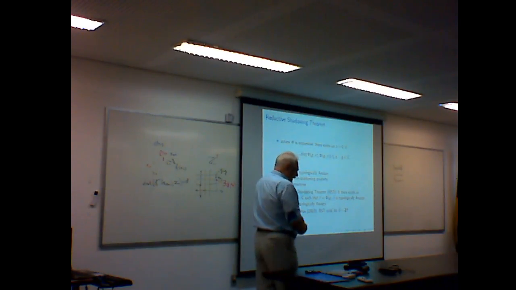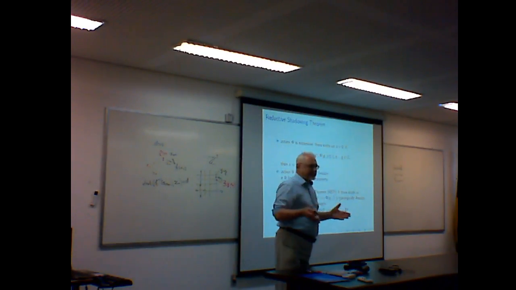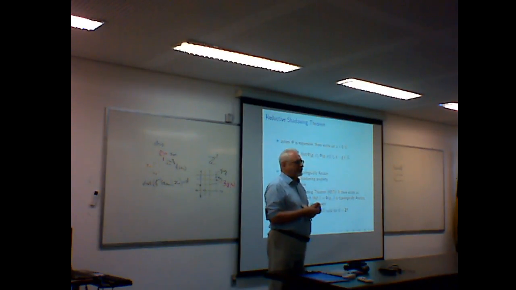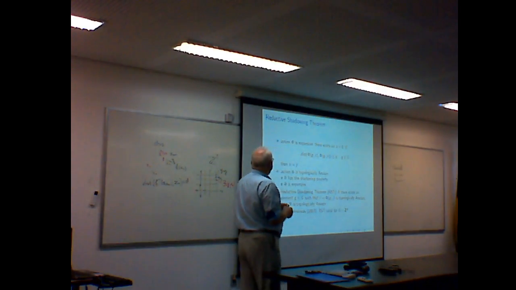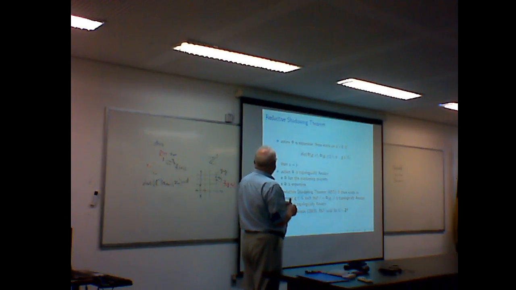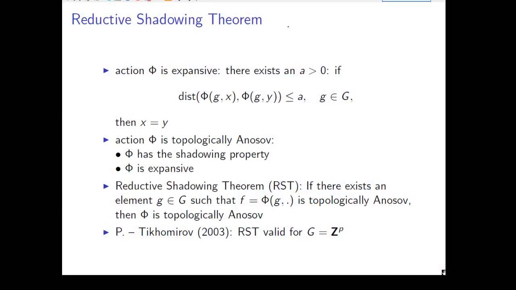So, how can we prove the existence of a shadowing property for a group action? We define the expansivity property of a group action. It's just parallel to the expansivity of a standard dynamical system. So there exists a positive constant such that if trajectories of 2 points are epsilon close at any element of the group, then the initial points are the same.